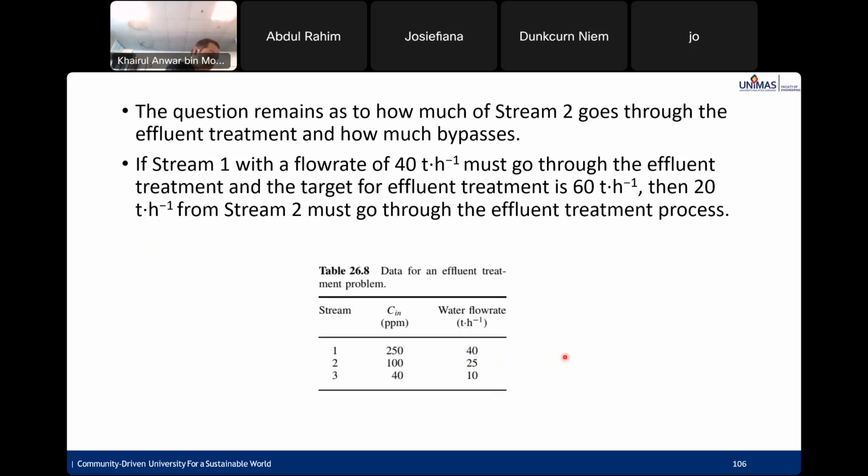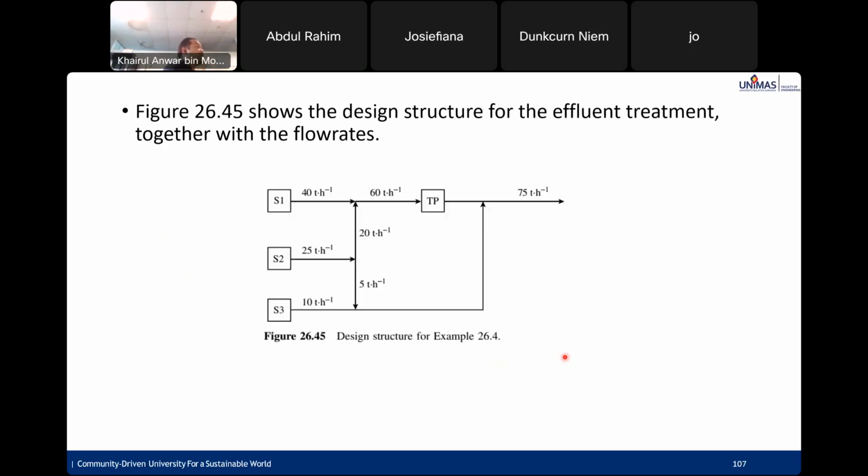Why? Because stream 3 is below the pinch, so this stream can bypass the treatment process. Figure 26.45 shows the design structure for the effluent treatment together with the flow rates.